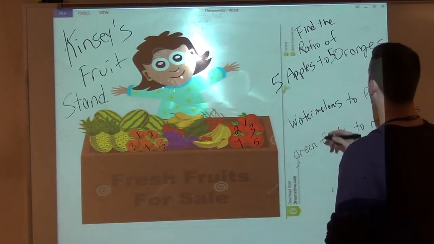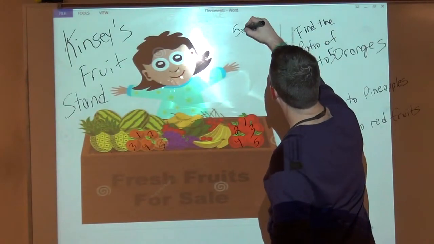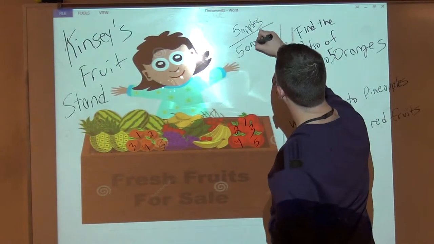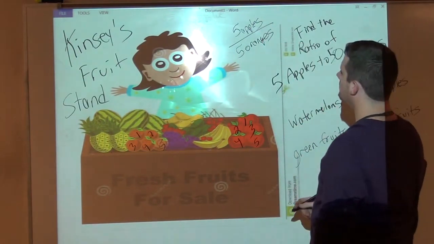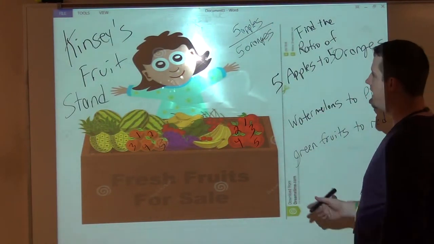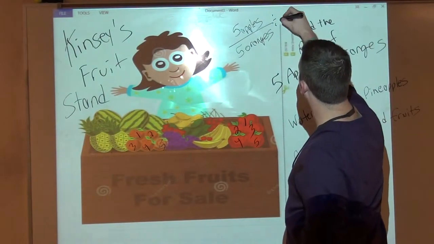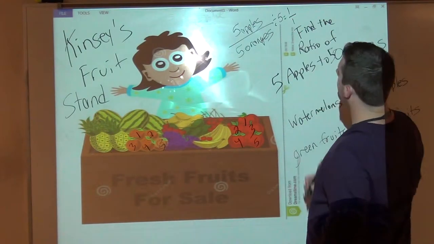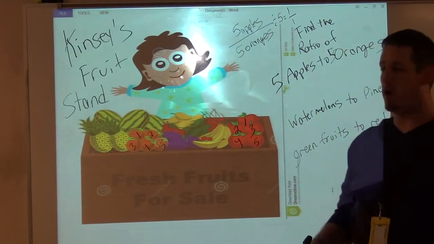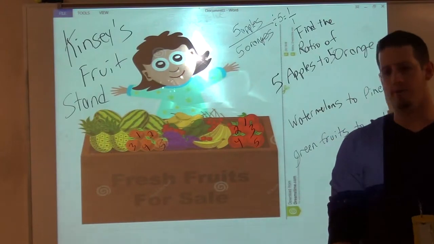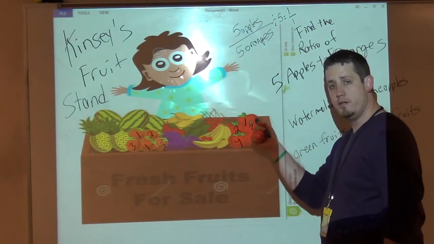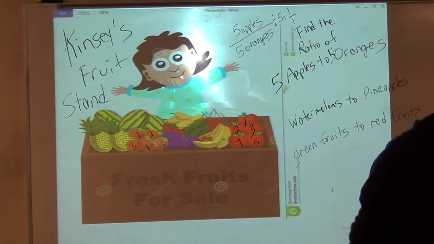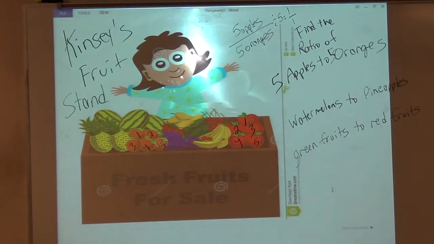So what's the ratio? 5 apples over 5 oranges. Or another way of saying that, if I simplify by 5, I would get 1 over 1. Yes? So in her fruit stand, for every single apple, she has an orange.